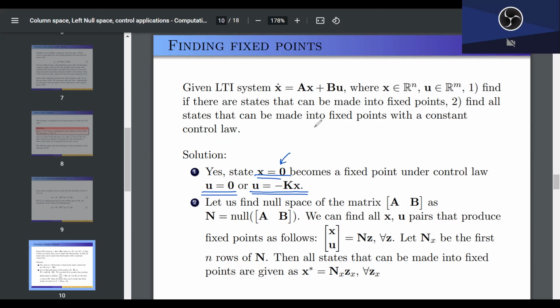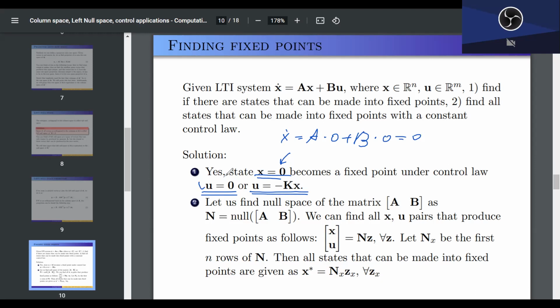How? Why? Well, let's check. x dot equals A times 0 plus B times 0, which is 0.